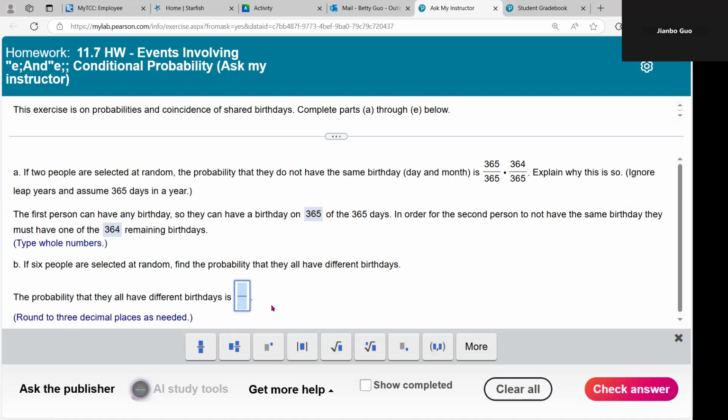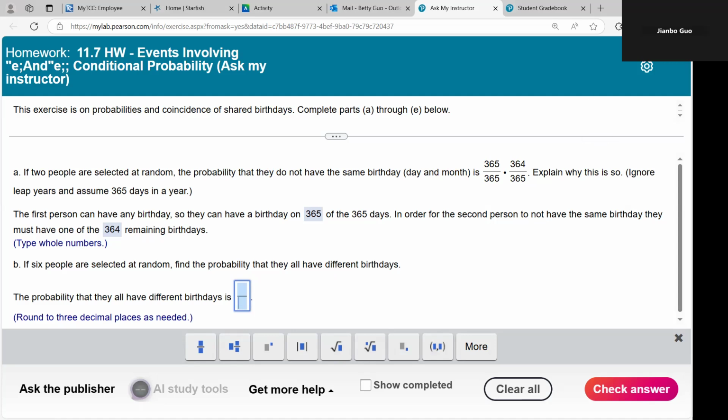I don't have my writing pad today with me. So knowing the denominator is going to be 365 to the power of 6. The numerator is going to be 365 times 364 times 363. Every time we multiply by a number, it's going to reduce by 1.